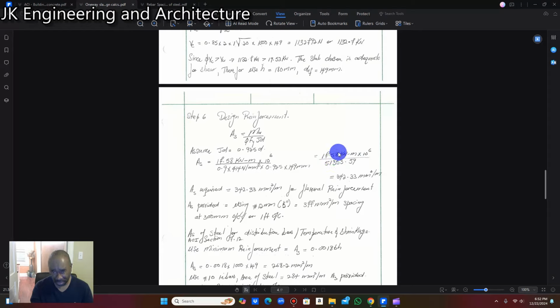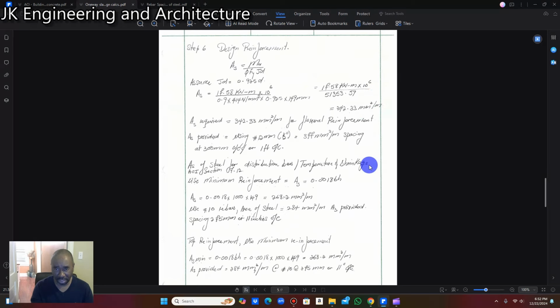That works out to be 17.58 kilonewton meters times 10 to the 6 divided by 51353.59, and the result is 342.33 millimeter square per meter. So the area of steel we're going to place in every meter of this slab is 342.33 millimeter square per meter.